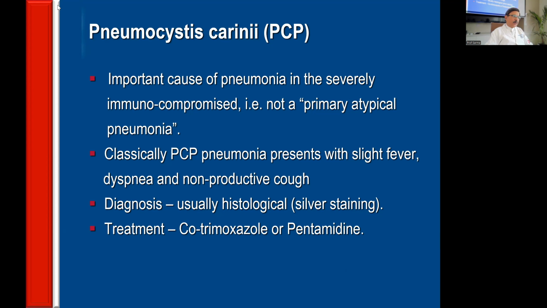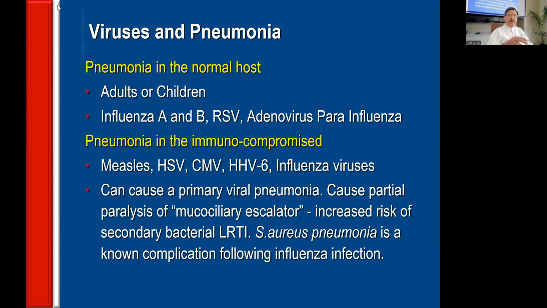If you suspect PCP in an immunocompromised patient, do a sputum examination with silver staining, confirm, and give cotrimoxazole and pentamidine. Then, viral pneumonias are generally not part of community-acquired pneumonia, but to complete it, pneumonias in the normal host are usually viral pneumonias. That is, a young child comes with pneumonia.